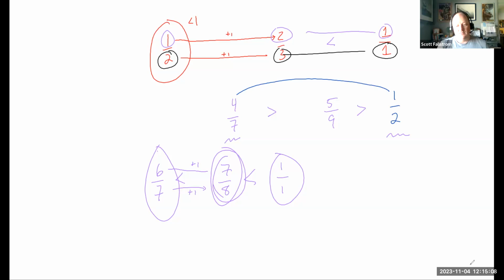But a few really good pieces about fractions to know is that if you have 3/10 and 3/7, 3/7 is going to be bigger. We should be able to get to that stage because this says there's more pieces. I've broken the whole object up into more pieces, but I have the same number of pieces, 3.